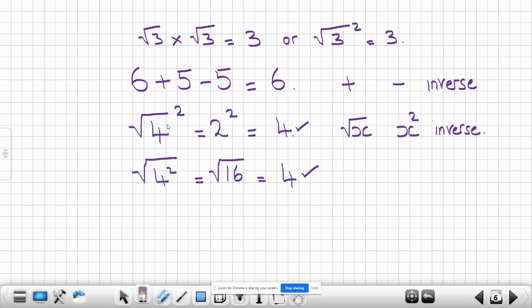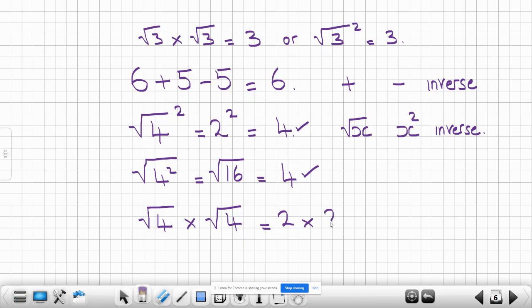Okay, so now let's try writing this out in full. If we've got the square root of 4 squared, that is the same as saying the square root of 4 times the square root of 4, because we know squared means multiplying it by itself. And the square root of 4 is 2.